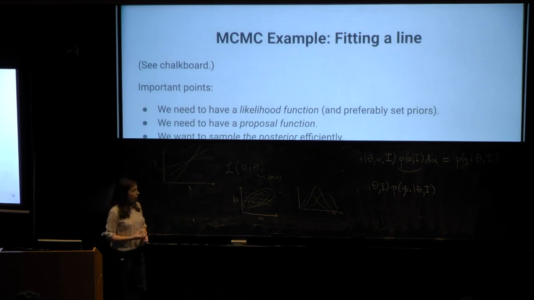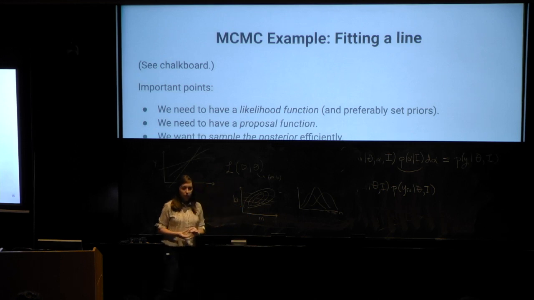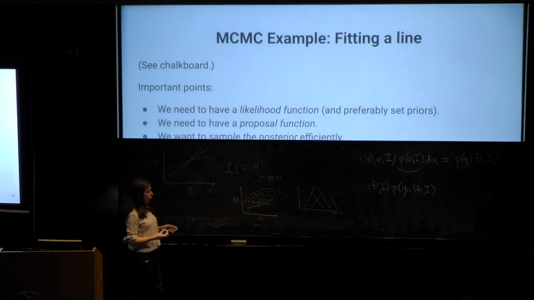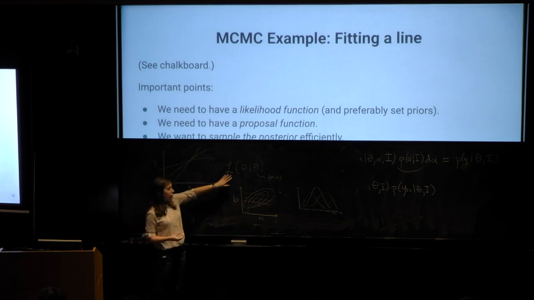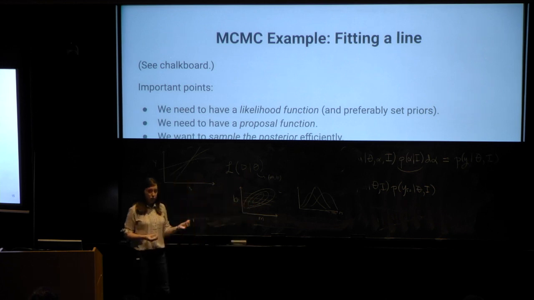So how does this work? How do I actually grab these random samples? It has to do with the fact that I have a likelihood. So if I were to just take any point from here, I would have an evaluation of how likely it is.